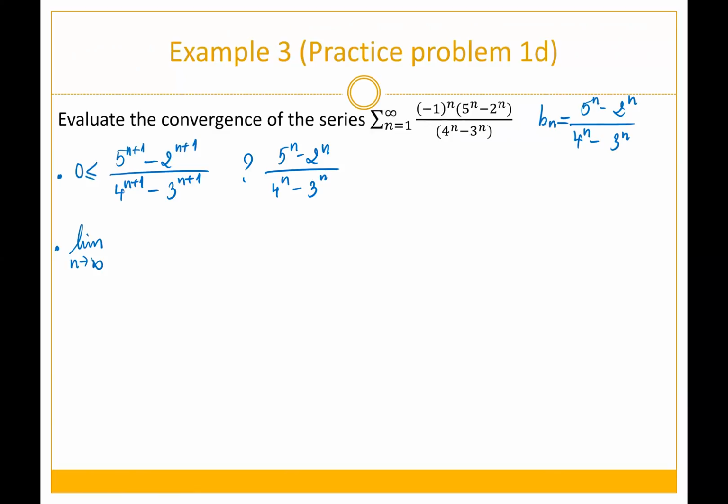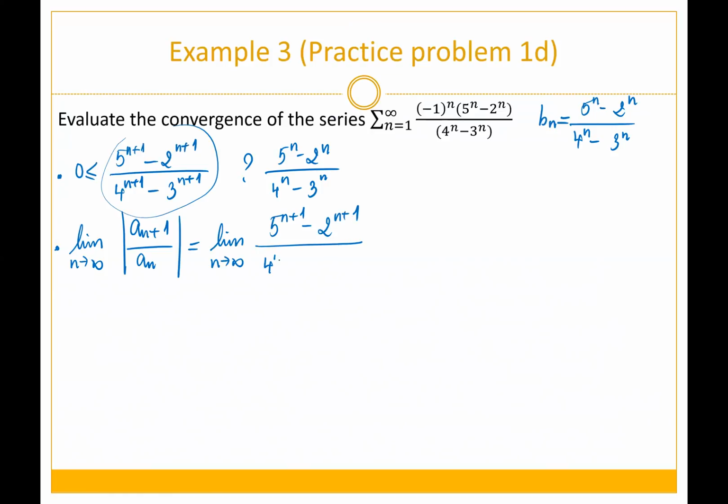So for the ratio test, we take the absolute value of the n plus 1 term over the n term. The limit as n approaches infinity of this is going to equal, first of all, the n plus 1 term, which is 5 to the n plus 1 minus 2 to the n plus 1 over 4 to the n plus 1 minus 3 to the n plus 1.